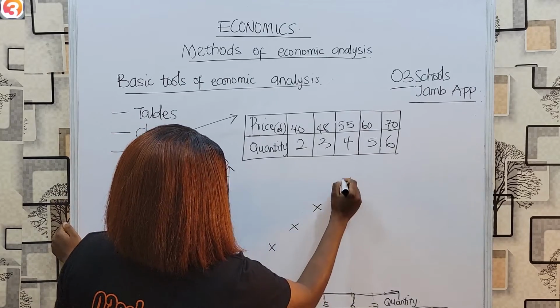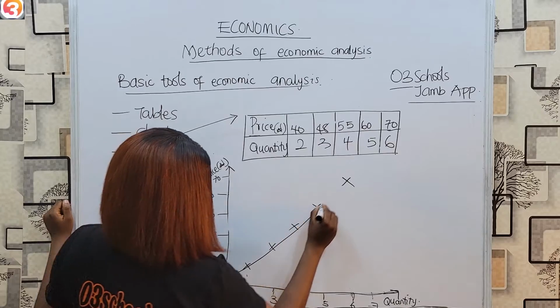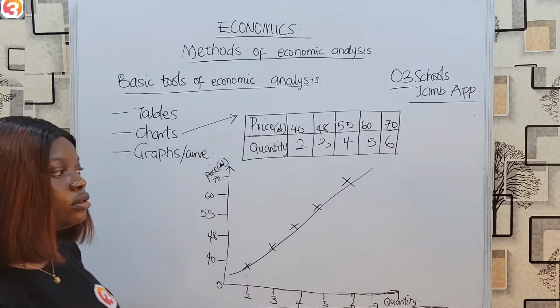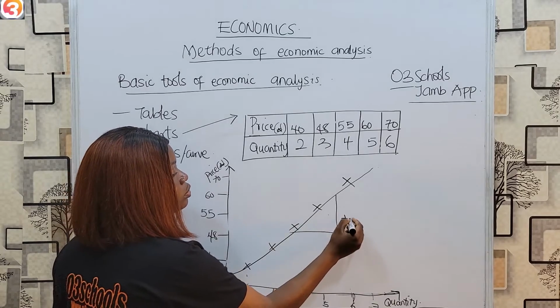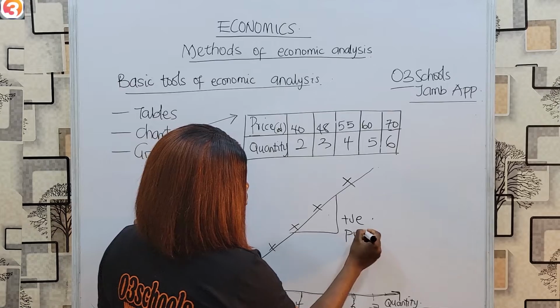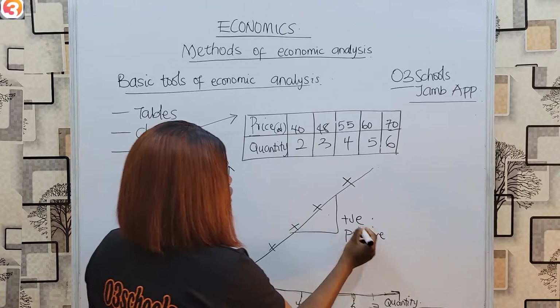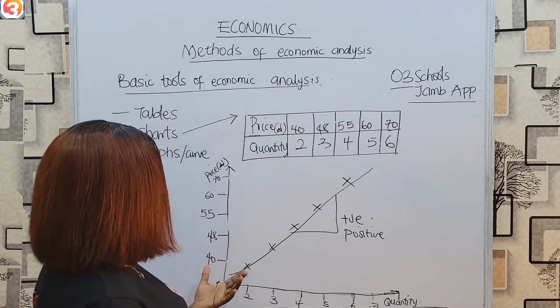So in this case now, look at it now, our slope is going upwards. So the slope of this graph is going to be positive. Or the slope of this graph is going to be positive.